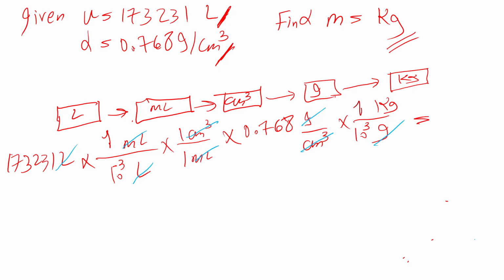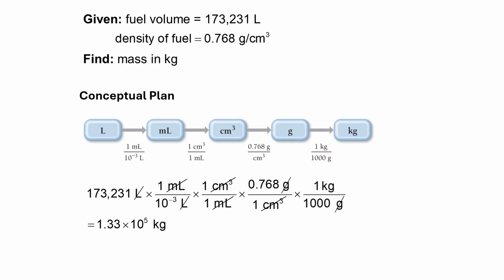And the final answer would be 1.33 times 10 to the 5 kilogram. And here you can also write 10 to the negative 3 for kilogram. It also works for me. And this is the answer.